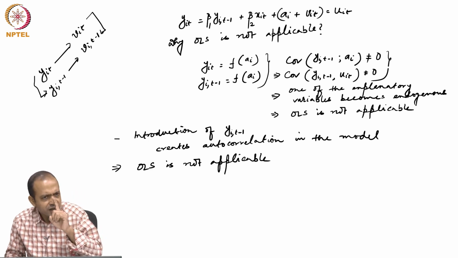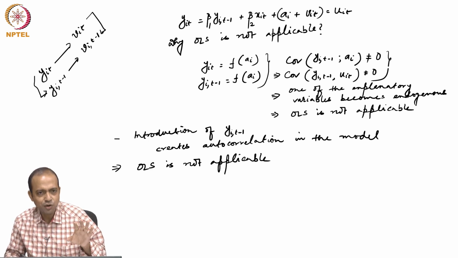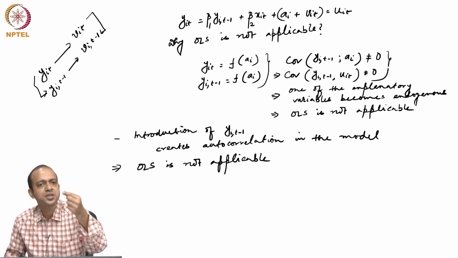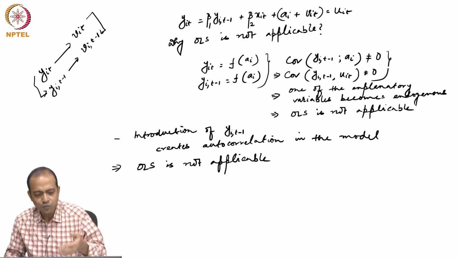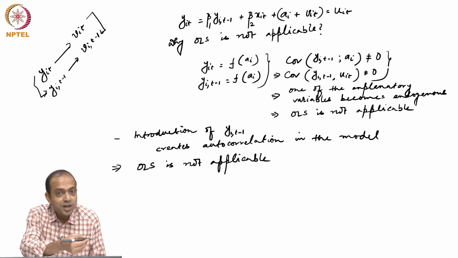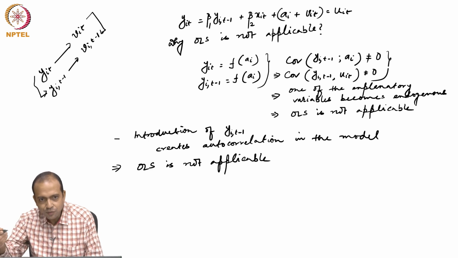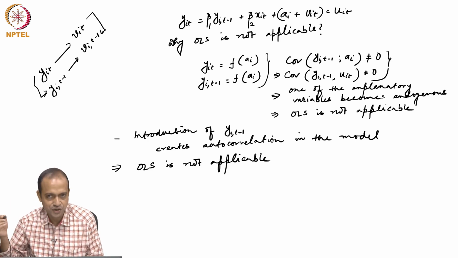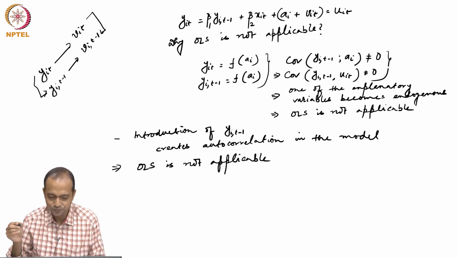So, then naturally one question comes to our mind, why not remove this AI component, so that at least we will get rid of one type of persistence, like the way we were doing in our previous discussions in the context of fixed effect and first differencing of the panel data model. Okay.